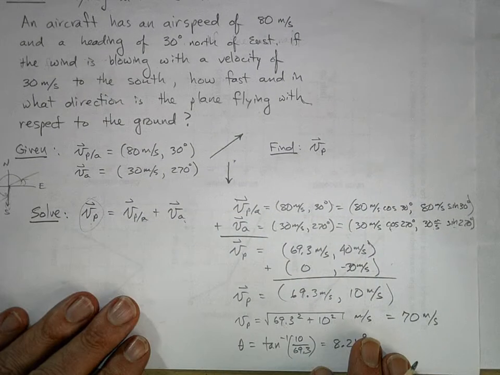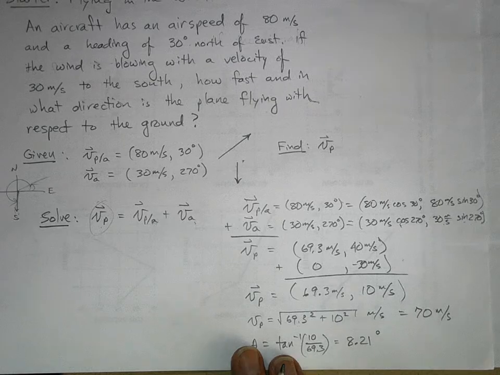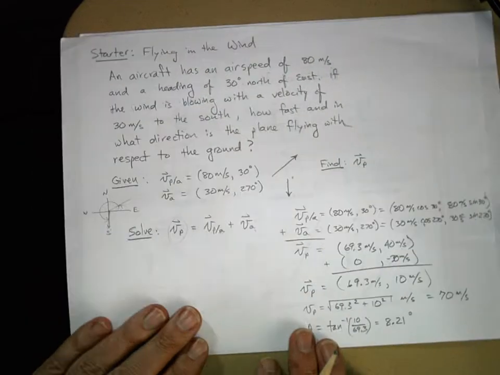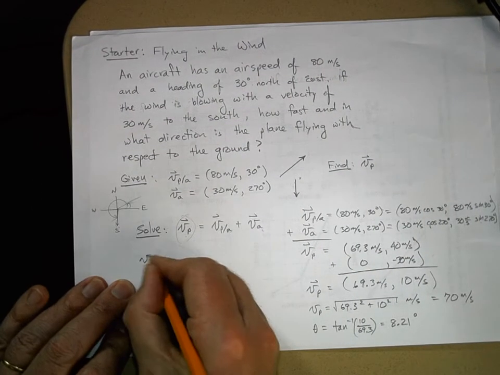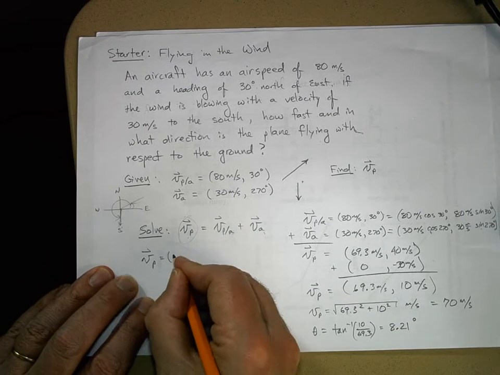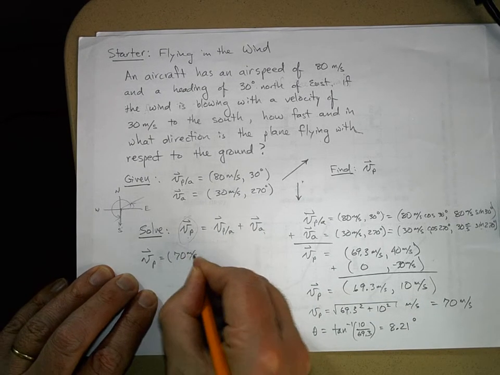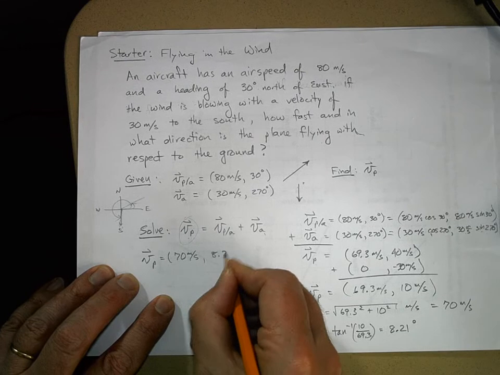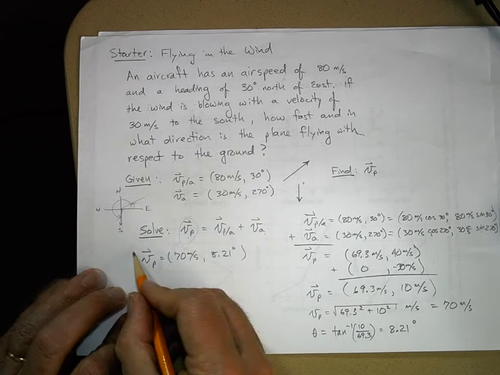So I can say that the velocity of the plane is equal to 70 meters per second at 8.21 degrees. That's my answer.